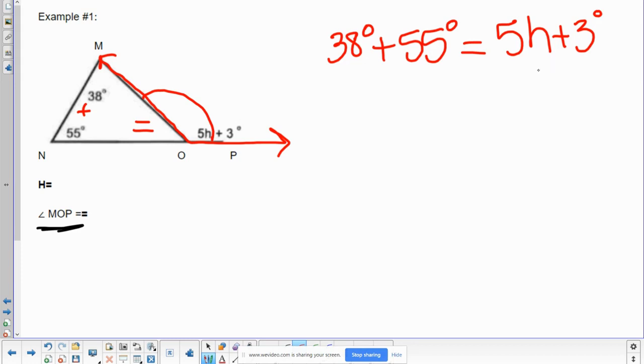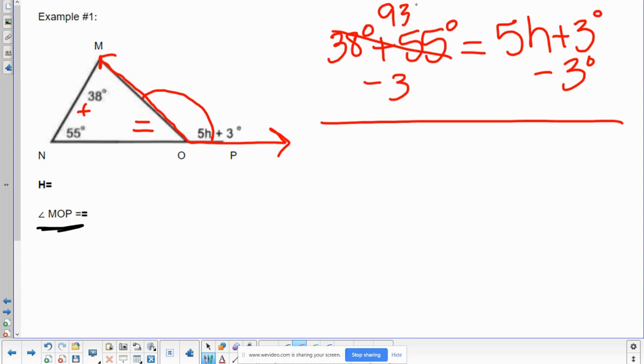So we're going to go ahead and solve for h. I'm going to subtract 3 degrees. I probably should have added these two first. So 38 plus 55 is 93. I'll cross those out, make that 93 degrees. And then 93 degrees minus 3 degrees leaves me with 90 degrees. So 5h equals 90 degrees.